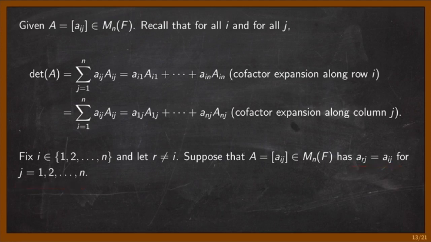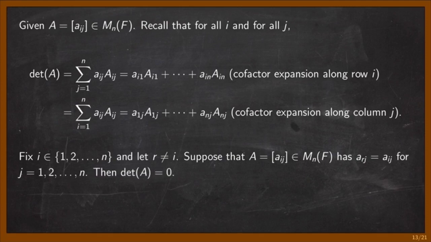This equation means the row r of A, this represents all of the row r because j runs from 1 to n. So the row r of A is equal to the row i of A. So imagine that you have a matrix A where the row r simply copies whatever is in the row i.